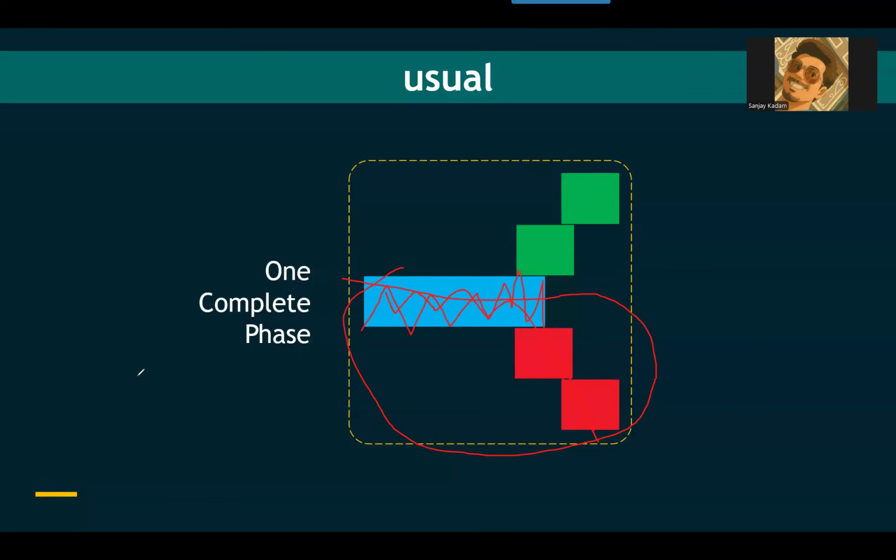Normally, if we look into the chart, PZ is followed by TZ, TZ followed by PZ. What is TZ, PZ? This blue patch has tested my patience for many years.